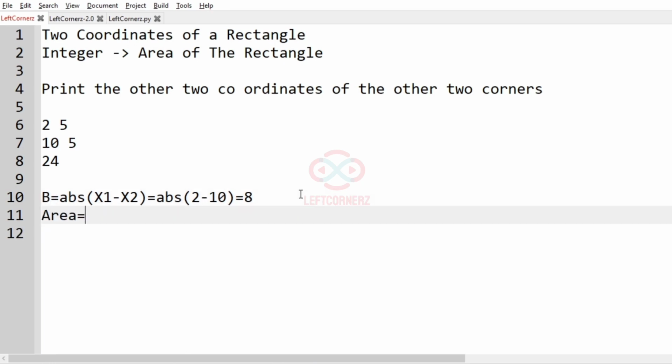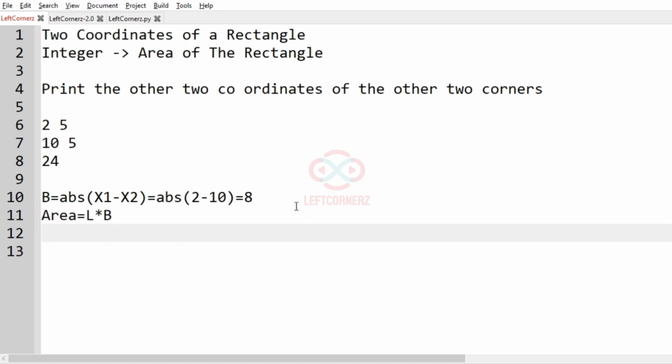So area is equal to length into breadth. So length is equal to area by breadth. Here the area is 24. So 24 divided by 8, which is 3. So the length is 3 here.